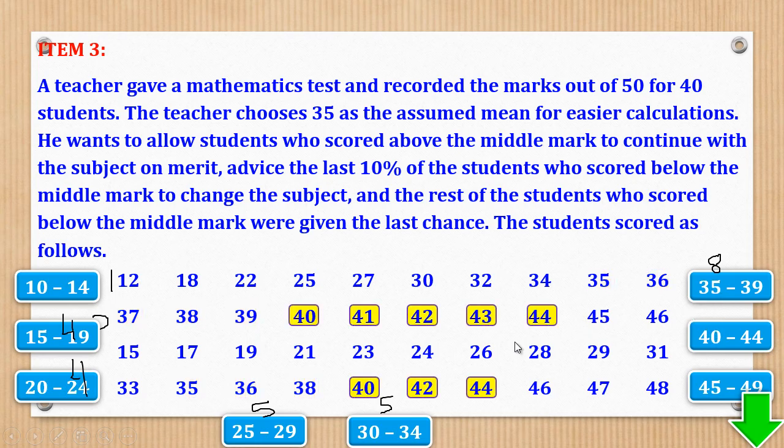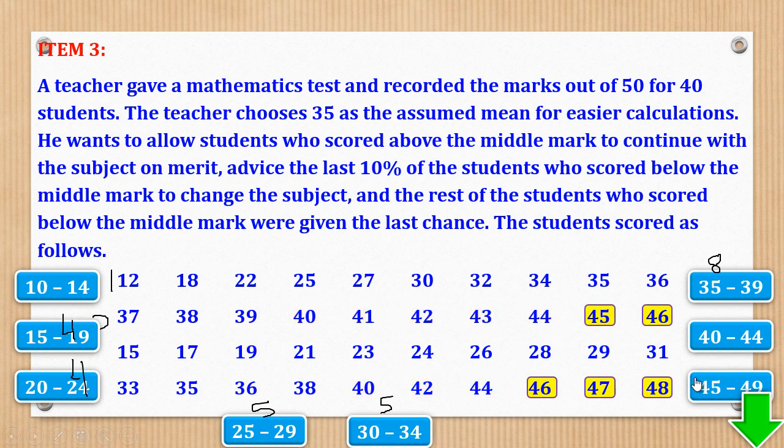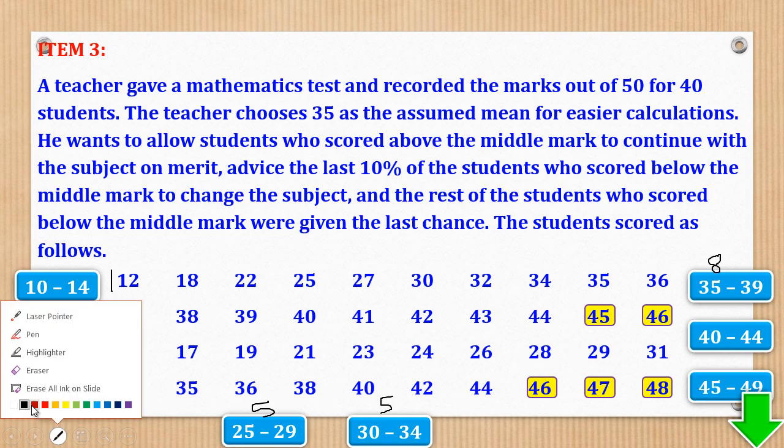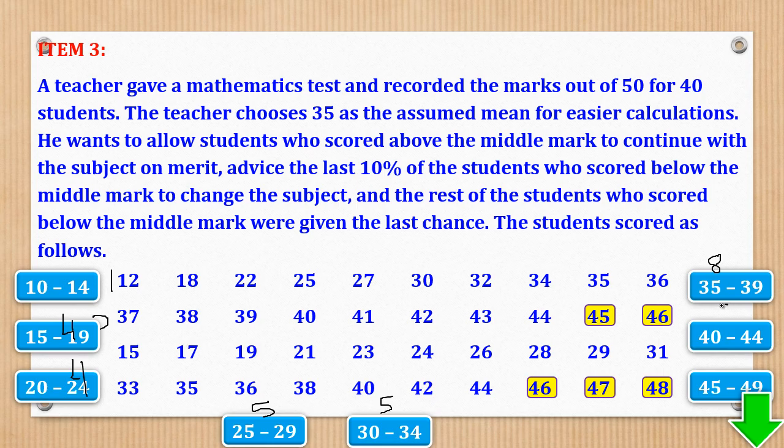Then 40 to 44 it is 8. So 1, 2, 3, 4, yeah, it is 8. Then 45 to 49 it is 5. So I have 8 here and 5 there. So those are the tallies we are going to put.